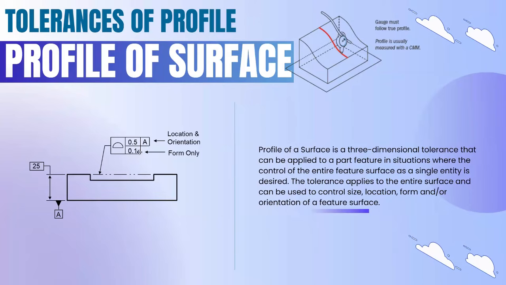If the datum has been given, location, form, and orientation, all three will be considered. If they have not given the datum, here you can see only 0.1 they have given. So only form will be considered. No location and orientation will be considered. With respect to the form, we're going to see the profile. It will control only the form and shape.